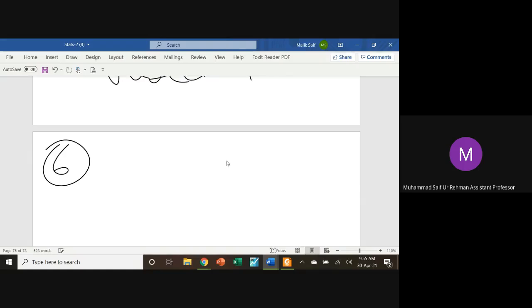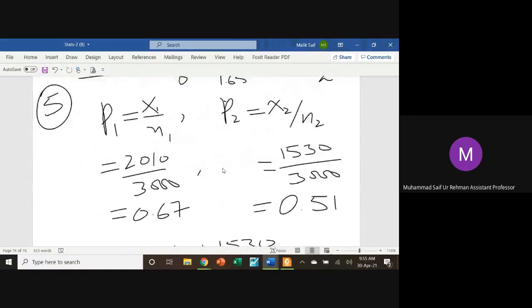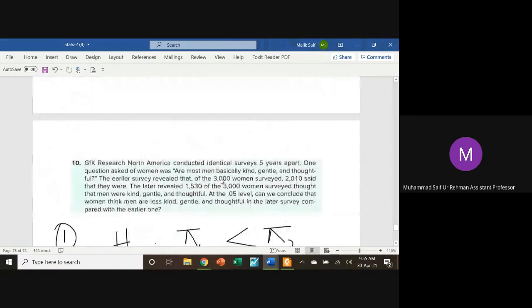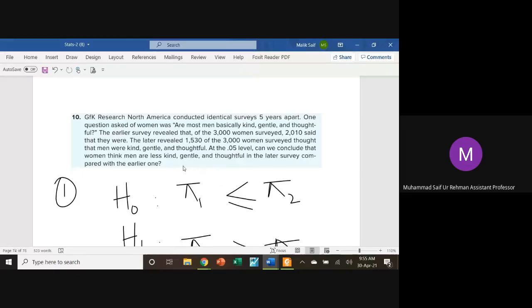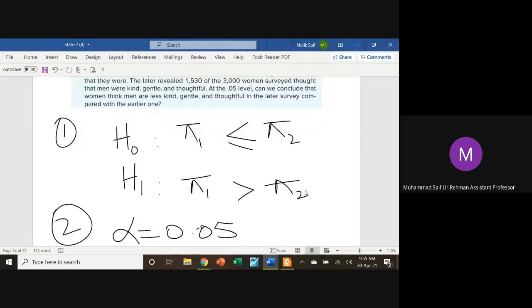So what will you interpret? What are you going to do? You are going to reject H naught. It means you are going to accept H1. So acceptance of H1 means in the first survey, whatever the reply was from women, that was good regarding men.